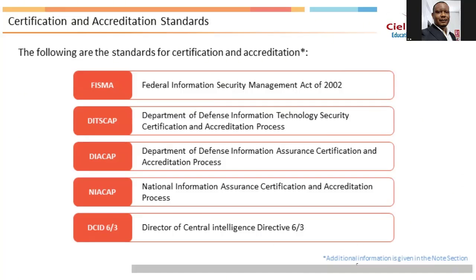All of these are various certification and accreditation bodies that can help in certifying IT systems. That helps us make informed decisions as to their level of security and how well they can meet our security needs, especially within the organization itself.